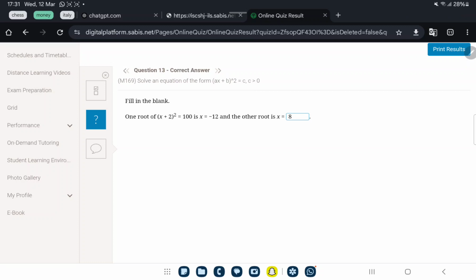One root of x plus 2 squared equals 100 is x equals minus 12. They want the other root, so x plus 2 squared equals 100. We square root both sides, so x plus 2 equals plus minus 10. You move the plus 2 to the other side, it becomes negative.